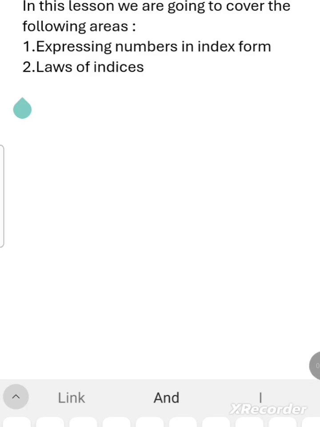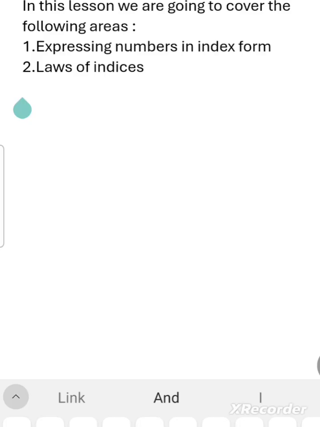In this lesson, we are going to cover the following areas. Number one, we are going to look at how to express numbers in index form. That is the first area that we are going to cover in this lesson.